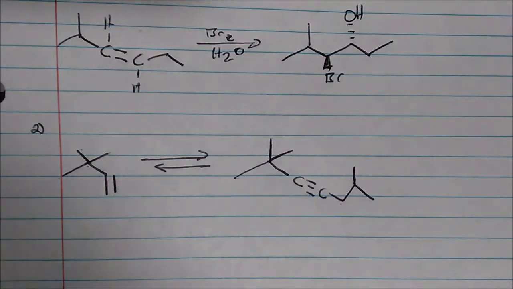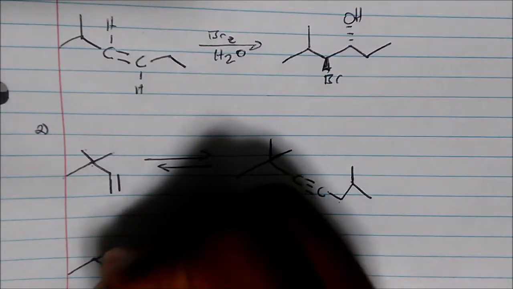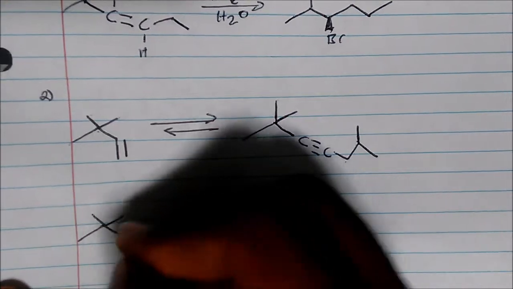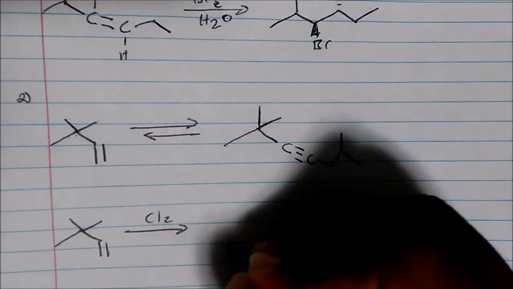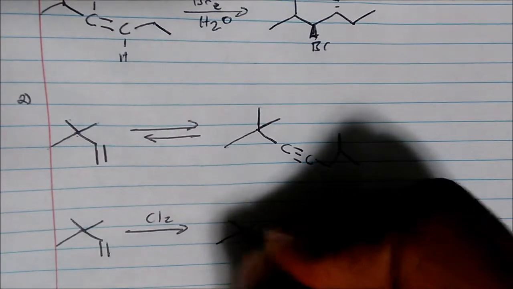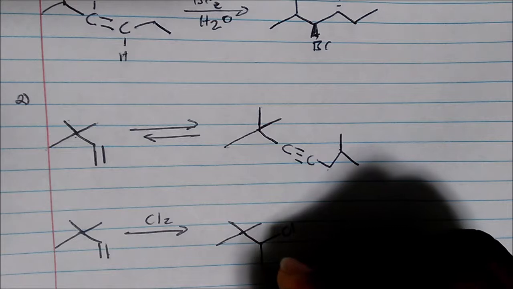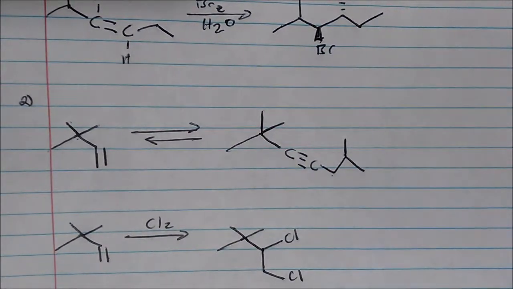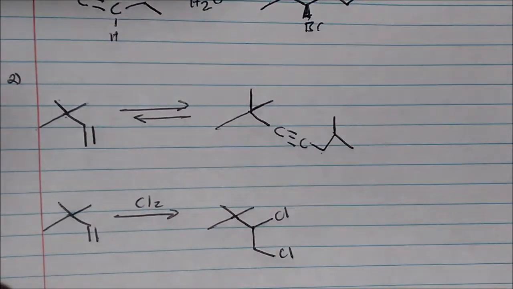So what I could do is halogenation on this alkene right here. If I take this molecule and add Cl2, what will happen? Well, I'll get something that looks like this. I'll get a chlorine here, and I'll also get a chlorine here on the carbon-carbon double bond, with my hydrogen there.